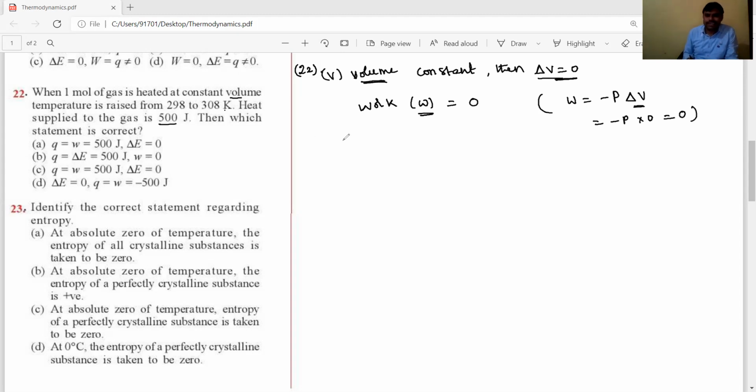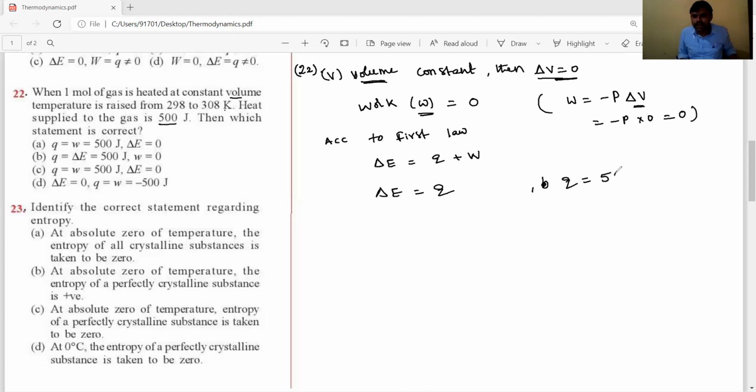Then which statement is correct, they asked. According to the first law of thermodynamics, the change in the internal energy delta E is equal to Q plus W, but W is equal to 0, so delta E is equal to Q. The heat they supplied to the system is Q equal to 500 joules.